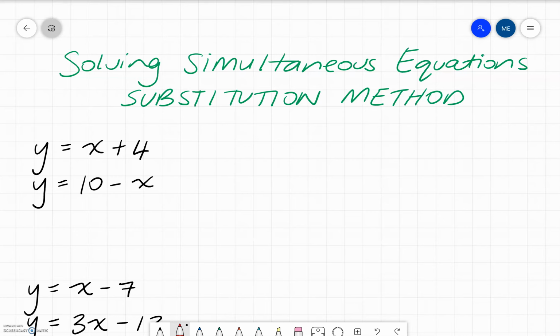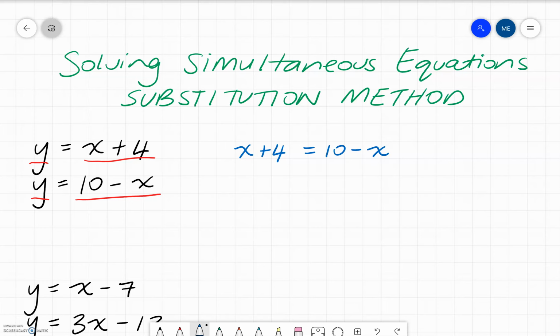Now what you'll notice is that for our first one, y equals x plus 4, and y also equals 10 minus x. So what that means is we can join these equations together because they both equal the same thing, they both equal y. So for this one, we can write x plus 4 equals 10 minus x.